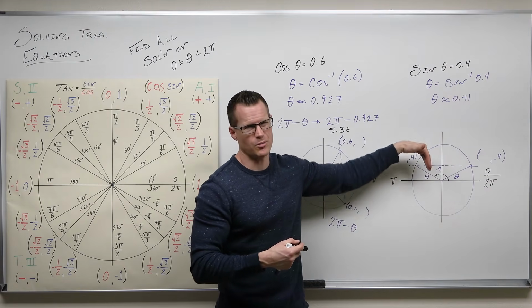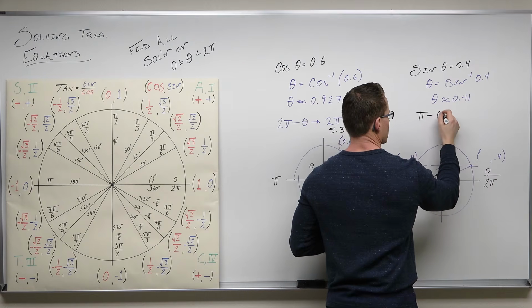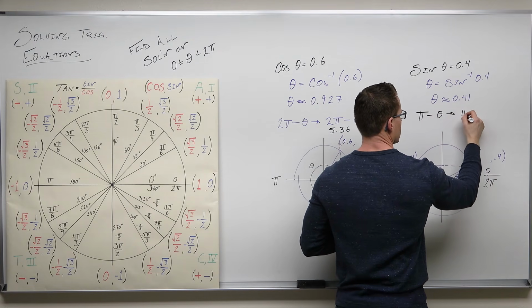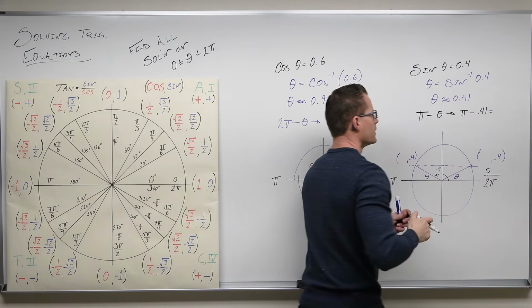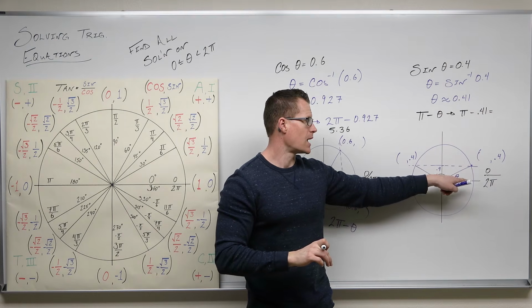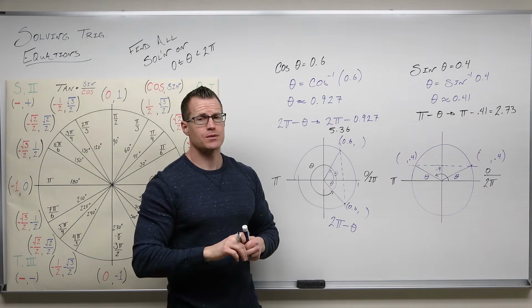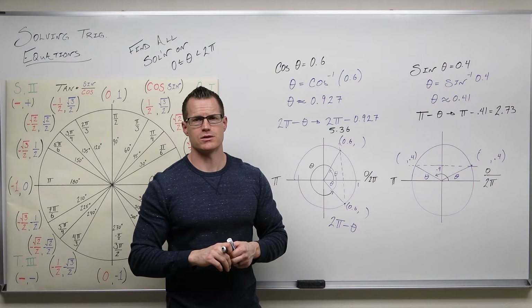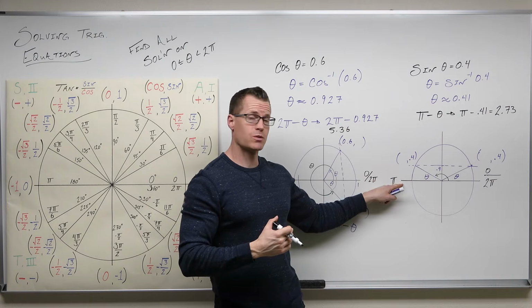We went too far, go back a little bit. So we'd have one angle of 0.41 radians and another angle of pi minus about 0.41 radians. That's approximately 2.73 radians. You go, what's 2.73 radians? Remember what pi is. Pi is 3.14.